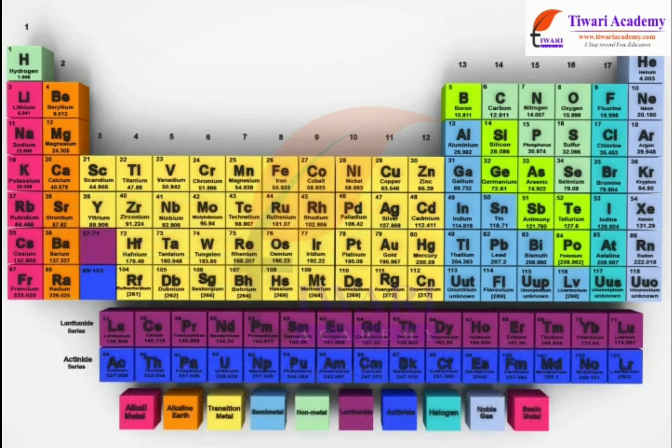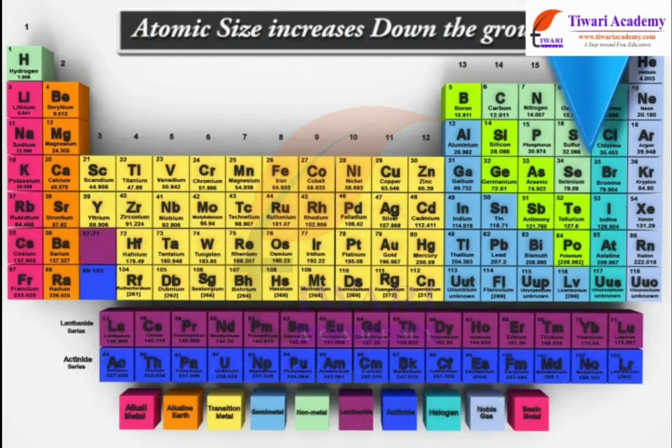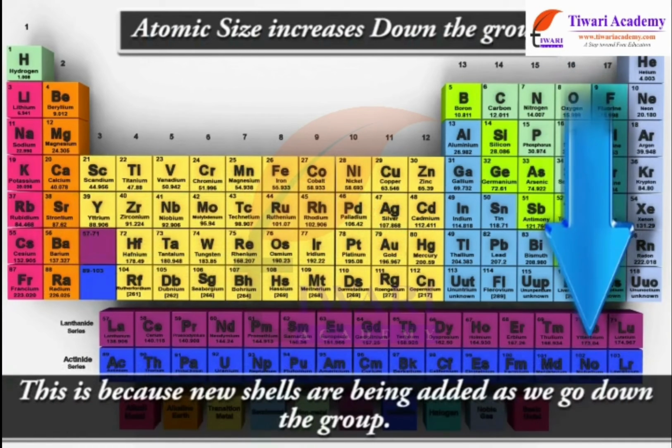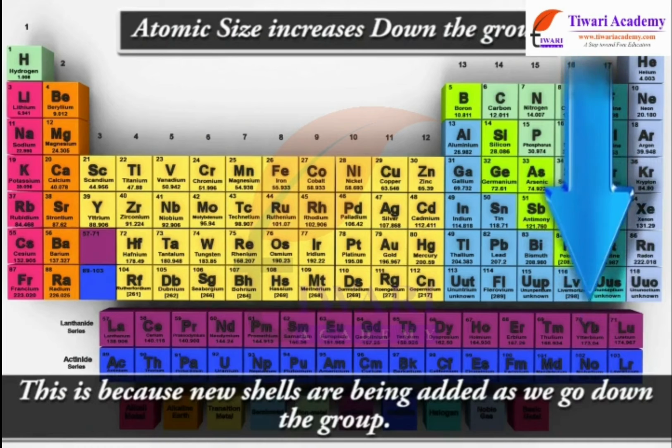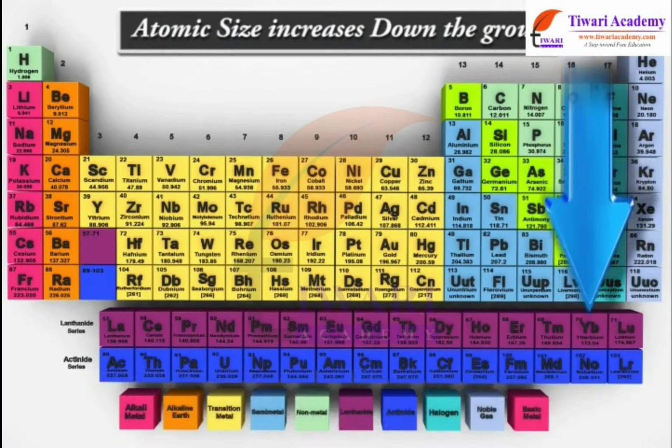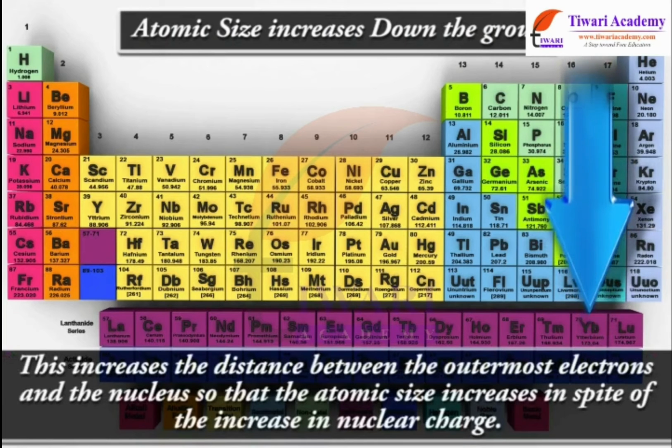The atomic size increases down the group. This is because new shells are being added as we go down the group. This increases the distance between the outermost electrons and the nucleus so that the atomic size increases in spite of the increase in nuclear charge.